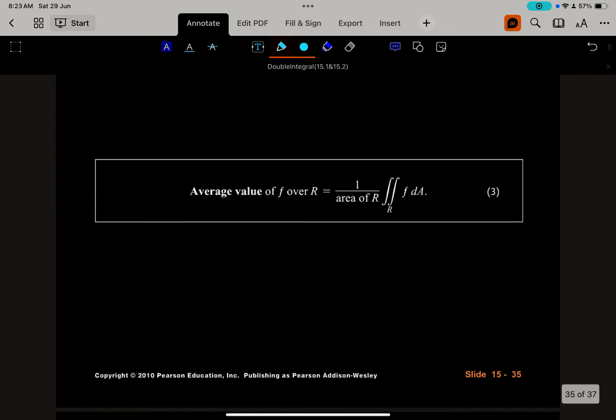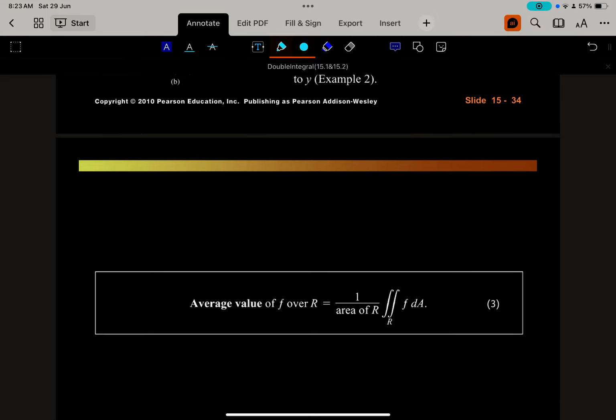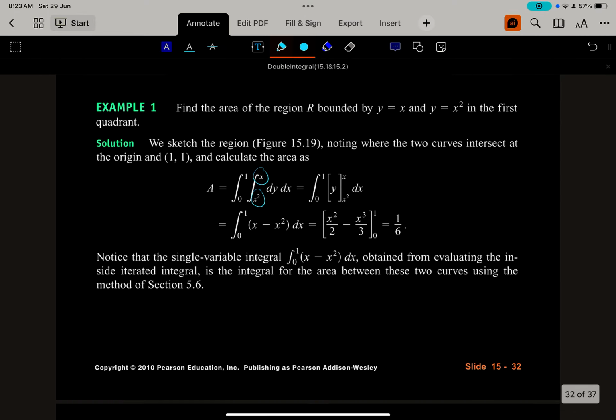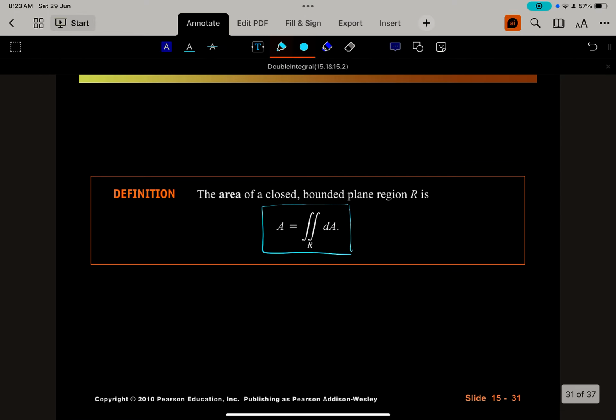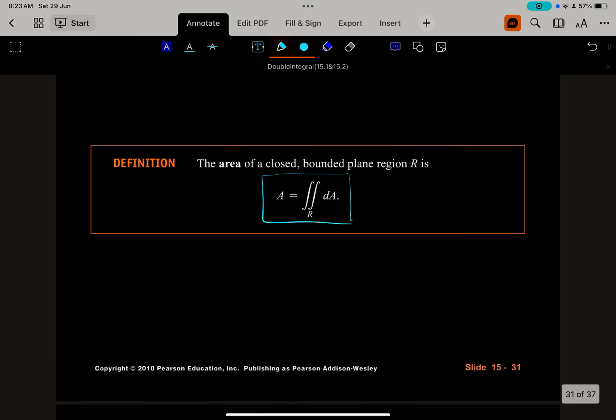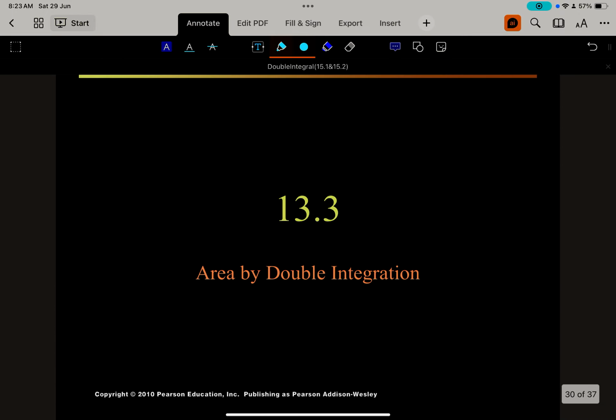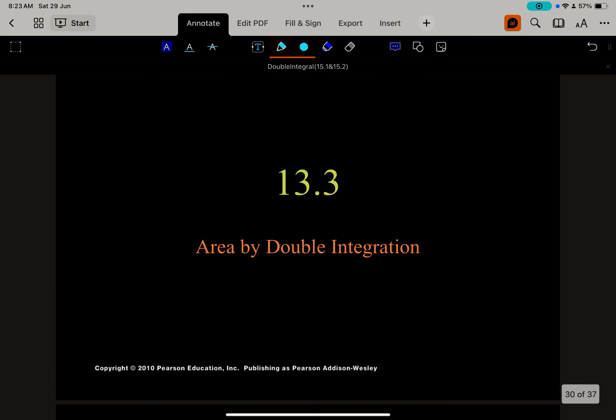Now if we want to find the average value of f over R, we're going to take the double integral of f dA and then divide that by the area of R. The area of R can be obtained either by this method, which is the one we discussed, finding the area over a closed region, or if it's a rectangle, you're just gonna multiply the width by the height.